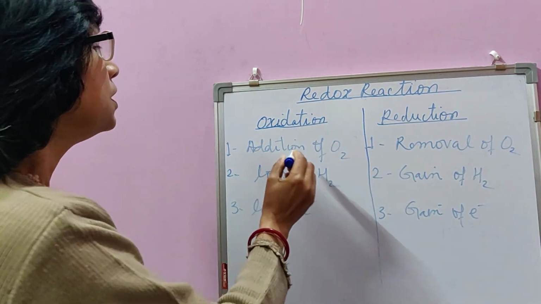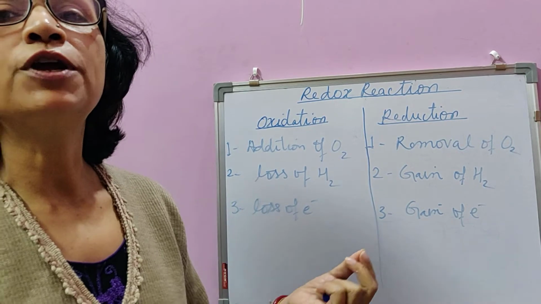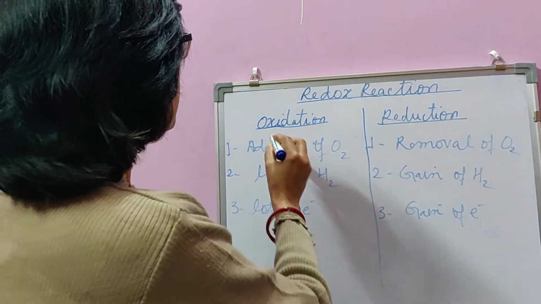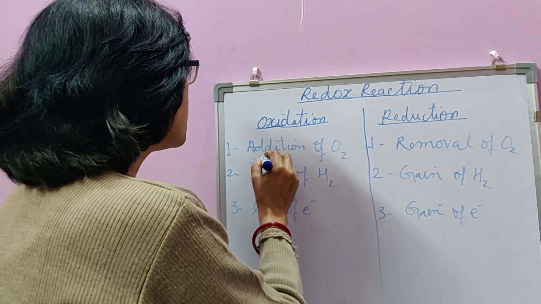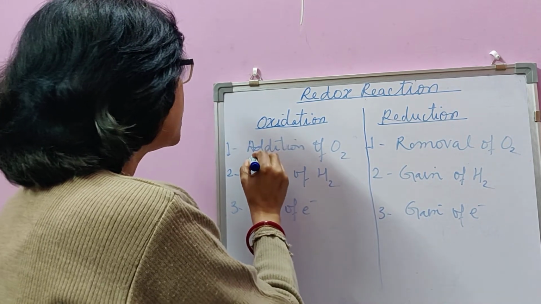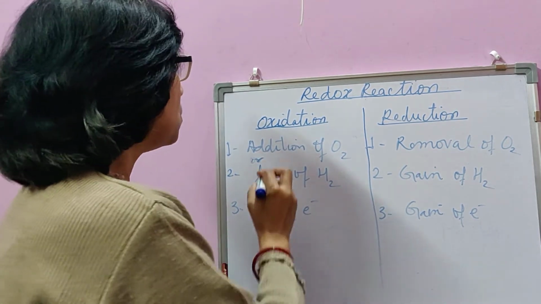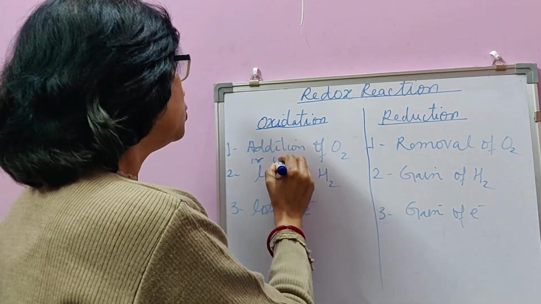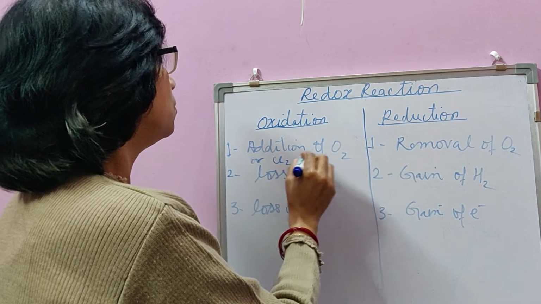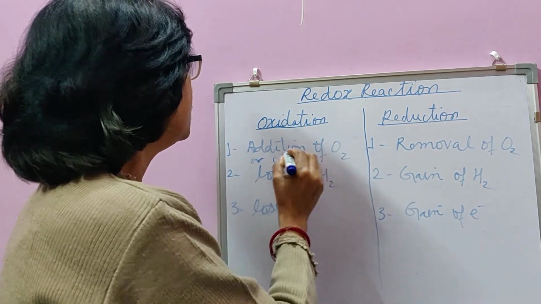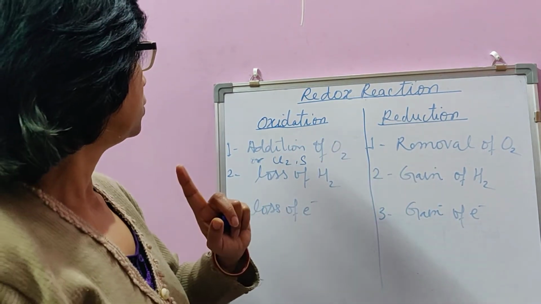Oxidation is a process. Actually, to make it a little more elaborate, we can add a little more. Oxidation is addition of oxygen or any electronegative element, meaning a non-metal, like addition of chlorine or sulfur.